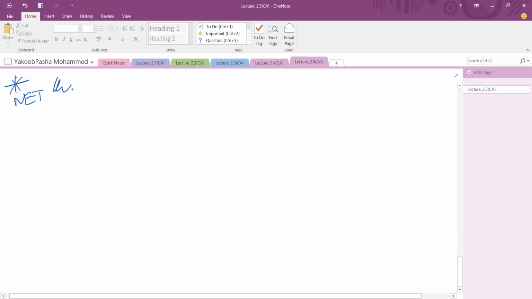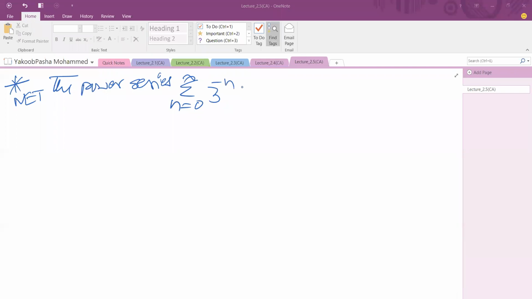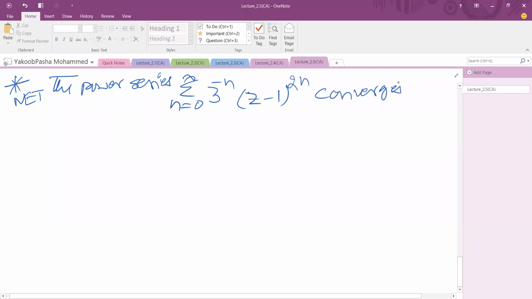The power series summation n is equal to 0 to infinity 3 power minus n (z minus 1) whole to the power of 2n converges if, okay, we have options here.